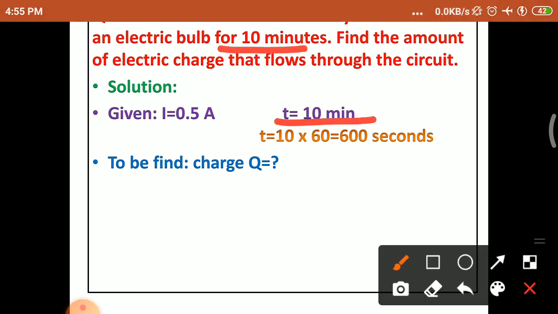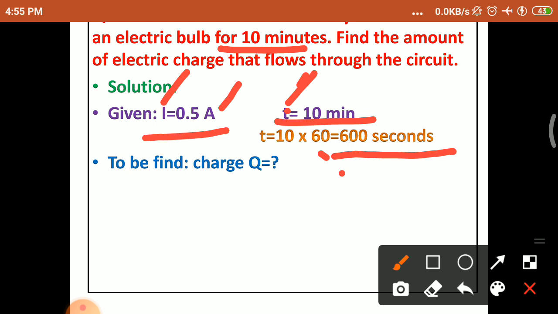You know that the SI unit of I is ampere, so no problem. But the SI unit of time is second, and they gave minutes. So you have to convert the minutes into seconds. So I converted here T equal to 10 into 60 seconds, so 10 into 60, 600 seconds. Dear students, when you are writing the given values, you have to check the SI unit. If there is not a proper SI unit, you have to change it.